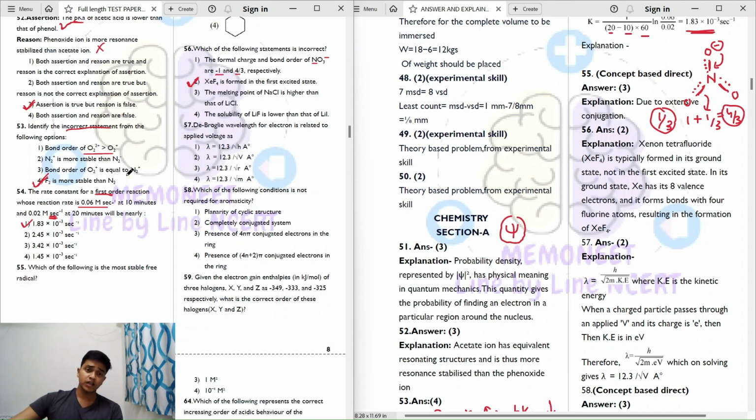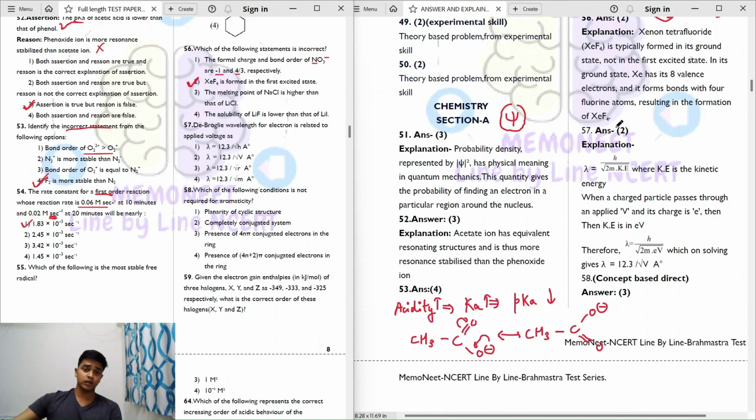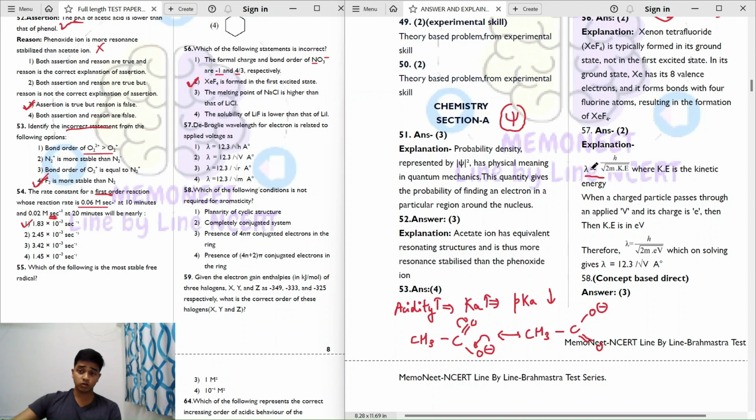The question says the de Broglie wavelength for an electron is related to the applied voltage as. Okay. If we take a look at the formula for the de Broglie wavelength, it is given by lambda is equal to h, which is the Planck's constant, divided by under root of 2m KE, where KE is the kinetic energy.